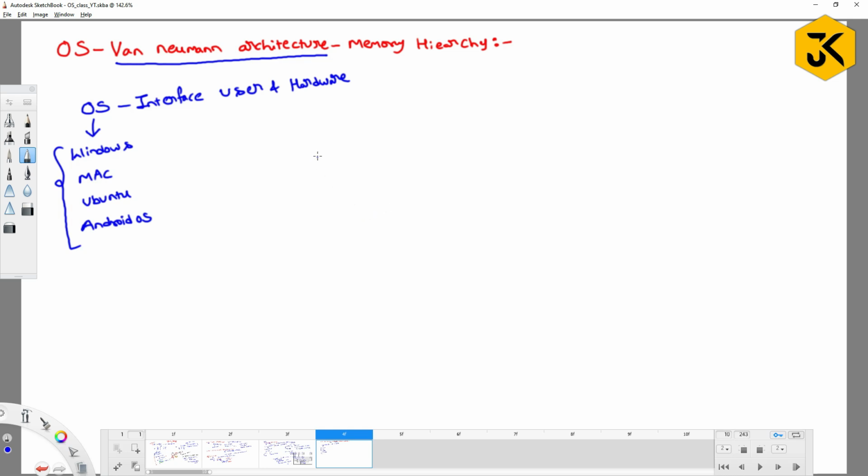So in general, there will be a user and there will be hardware, something like this, and between user and the hardware there will be an operating system. Can we directly interact with the operating system? No, we can't interact directly with the operating system.